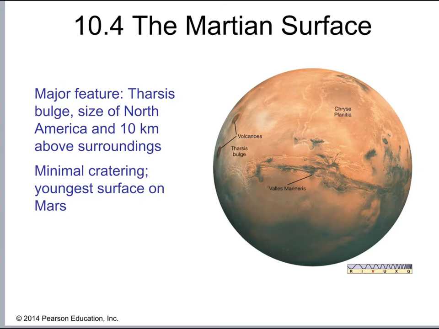But if the surface of a planet is active, like the Earth's surface, those craters tend to get covered up by erosion, by motion of different things. And so younger surfaces show fewer craters, typically speaking. And so when we say that there's minimal cratering in this region, that indicates that the surface is younger here on Mars, that's what we're talking about.